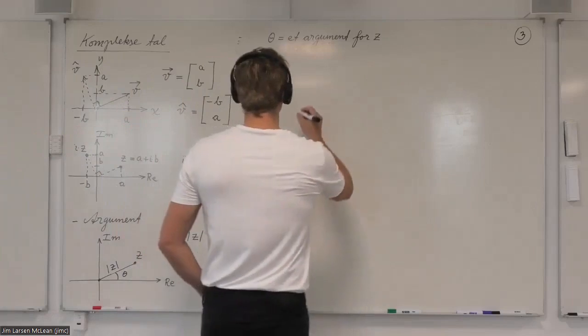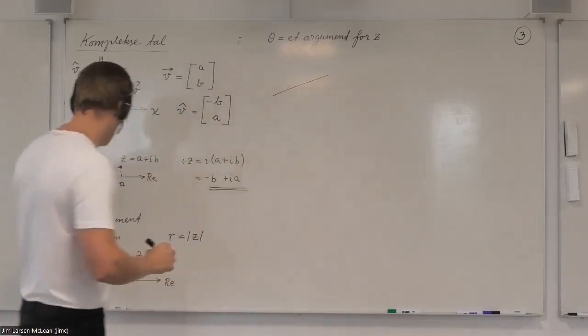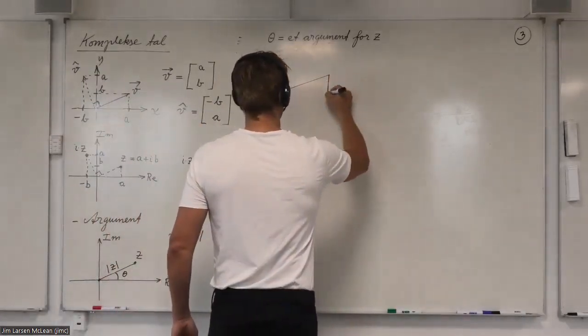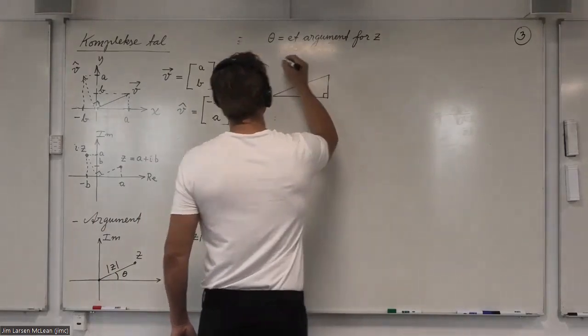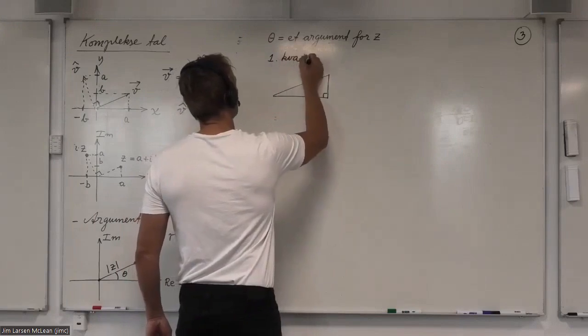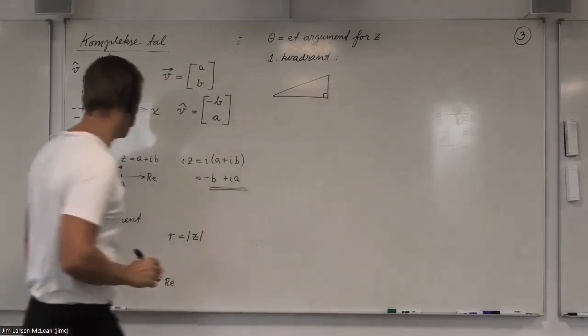For that, you just have to imagine drawing the line from O to z, and then you draw a triangle here. And here is 90 degrees. And now I imagine myself lying in the first quadrant with my complex number. So if I'm in the first quadrant, the situation looks like this.